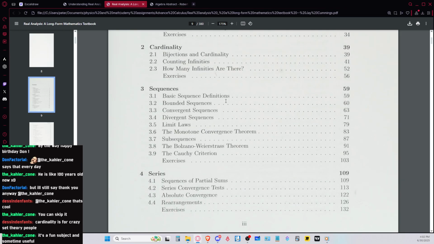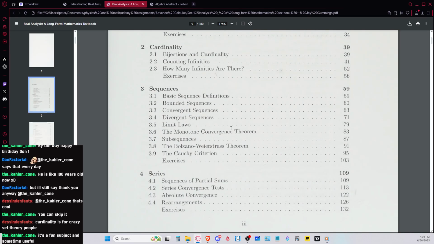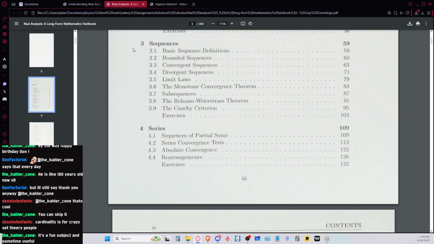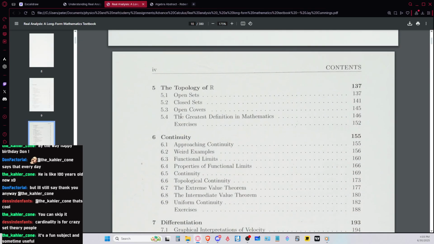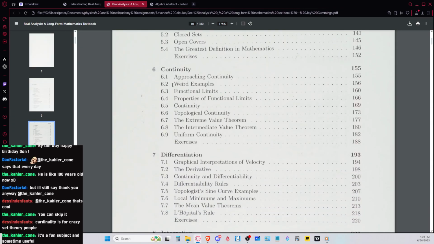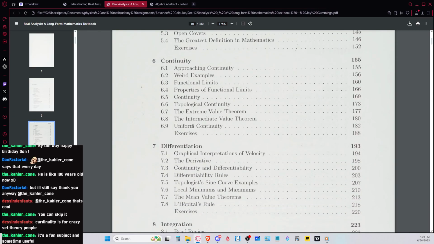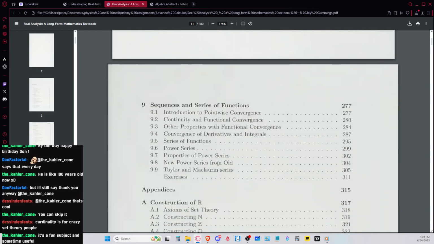Oh, okay. So, yeah, they have sequences, series. I think I have to read these two chapters. They have a little bit of topology, which I'm pretty excited about. I probably would love to read that. Continuity, that's definitely a must. This is definitely a must. This is definitely a must.